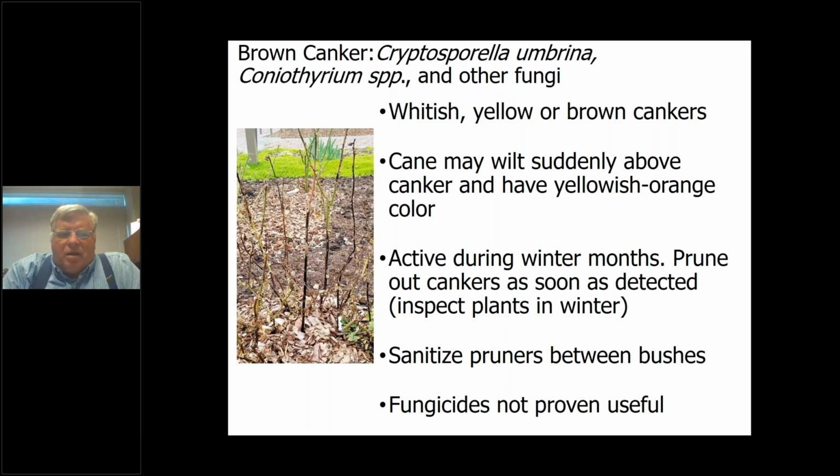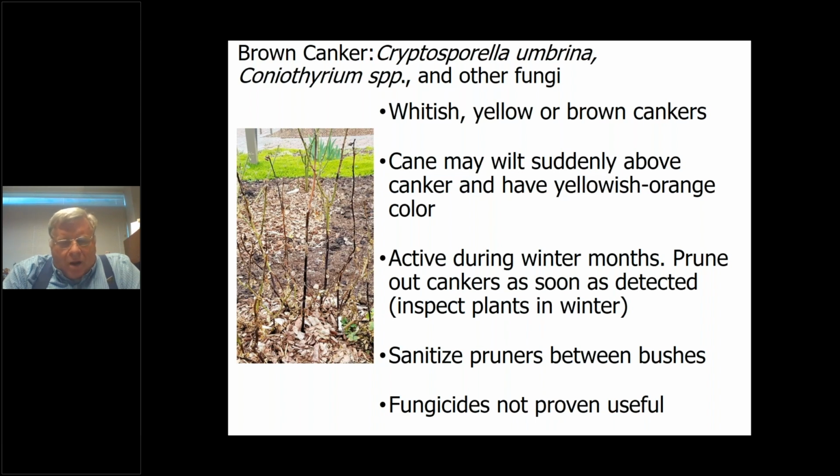A disease that's becoming of more prominence, unfortunately, is canker. Canker can be caused by a lot of different fungi. The cankers can be white, they can be yellow, they can be brown, they can be purple, they can be black. The plants or the cane can wilt very rapidly, usually becomes active during the winter months.